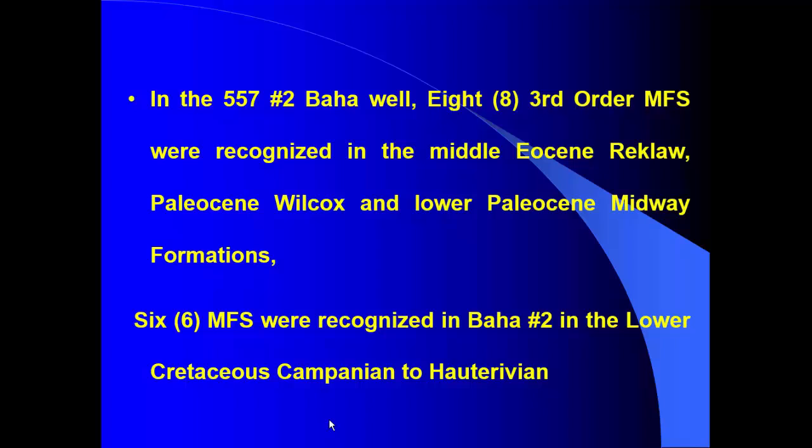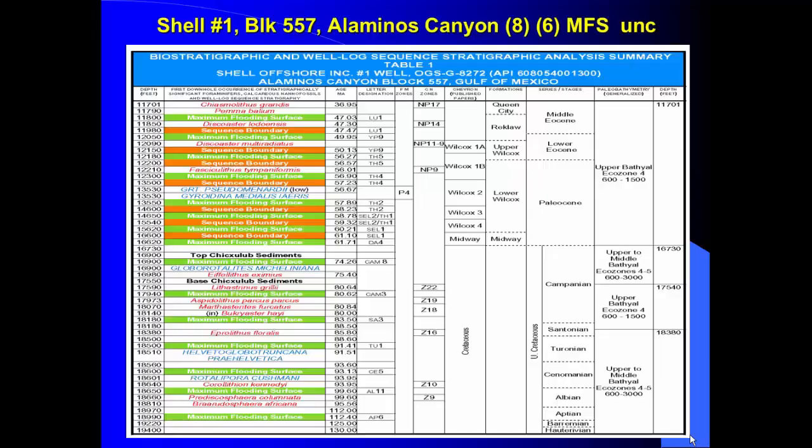And we also recognized 6 maximum flooding surfaces in the lower part of the well, in the Lower Cretaceous, in the Campanian, and possibly going to Berriasian. Some of those ages came from Dr. Den from Marathon. Okay, so this is the Baja.